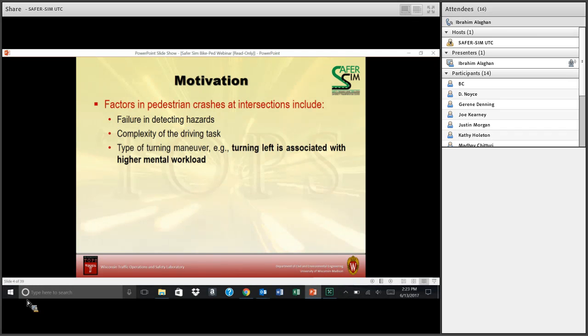That's due to the complexity of the driving task. That also includes the type of turning maneuver. Turning left is associated with higher mental load and workload, especially with older drivers. So thank you, Jacob. Next one.